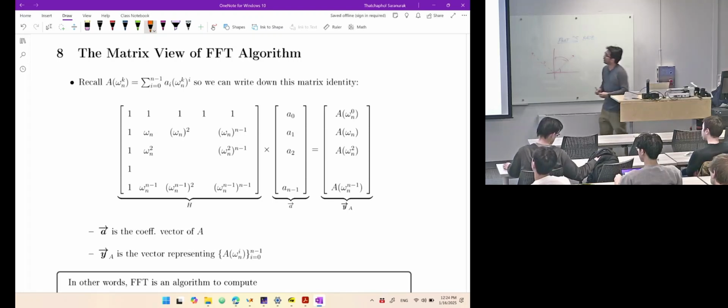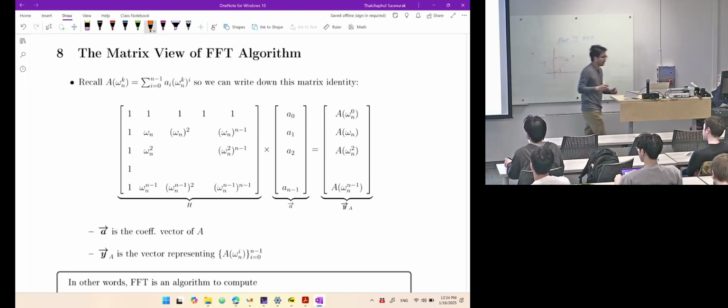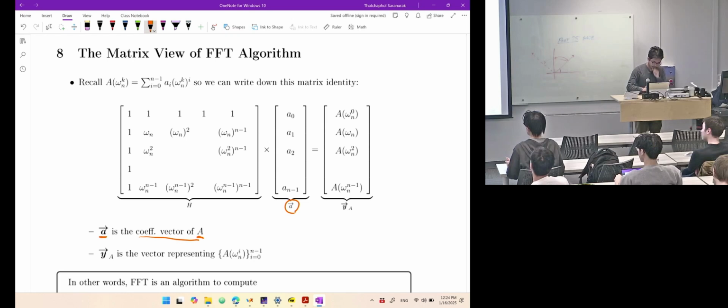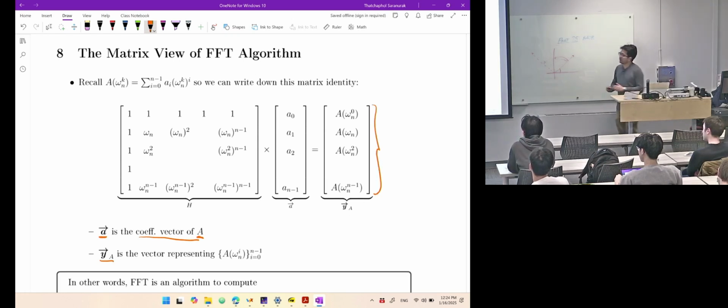I claim that if I define the vector A here to be the coefficient vector of polynomial A, just a vector, and I define vector YA to be the evaluation points of A at omega to the I for all I, then this vector is related to this one by some matrix multiplication.